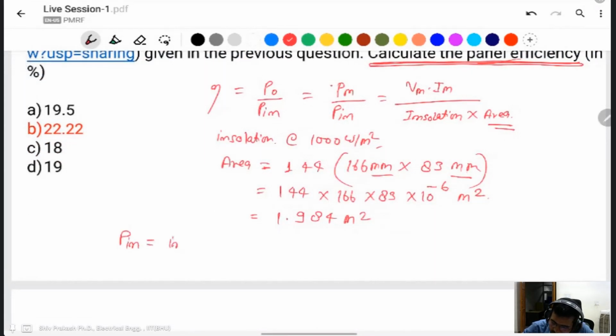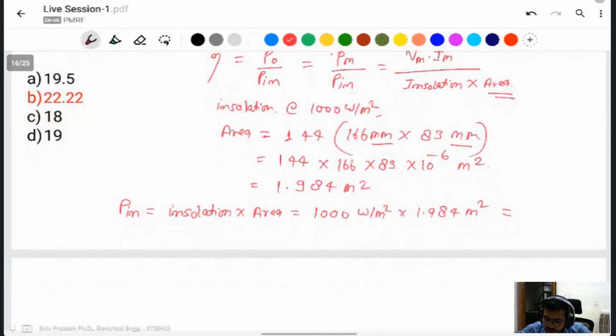Insolation into area, 1000 watt per meter square into 1.984 meter square. To calculate in kilowatt, divide by 1000. This one, 1000 will cancel out, the same as 1.984 kilowatt, the input power.